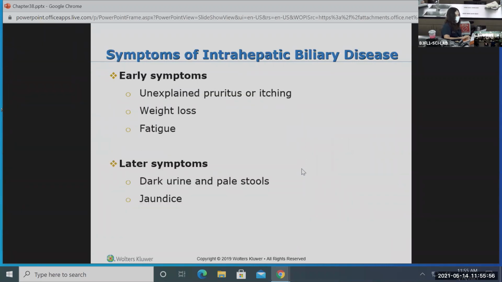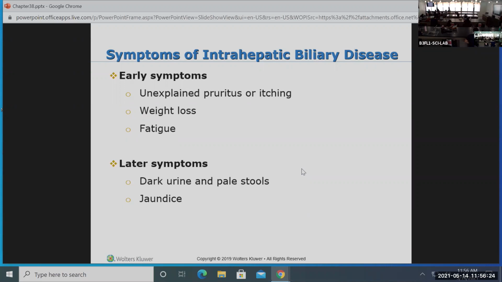Early symptoms and late symptoms. Early symptoms, we do suffer from unexplained pruritus, itching, weight loss, fatigue, or loss of appetite.